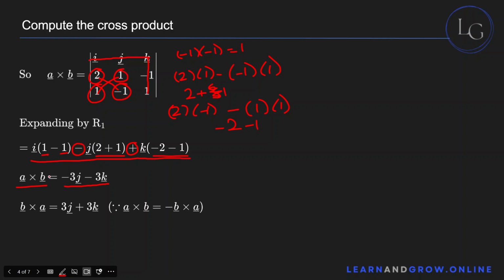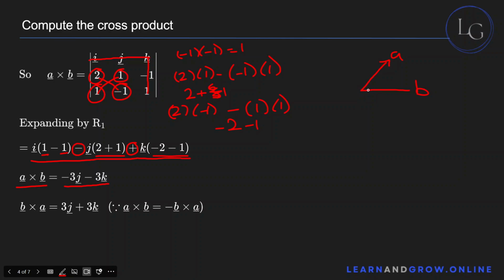And B cross A, as you know, is in the opposite direction of A cross B. Because again, if you have this in the plane, and let's say this is A and this is B, and you do A cross B, that would mean that the resultant vector is either into the page or outside of the page.